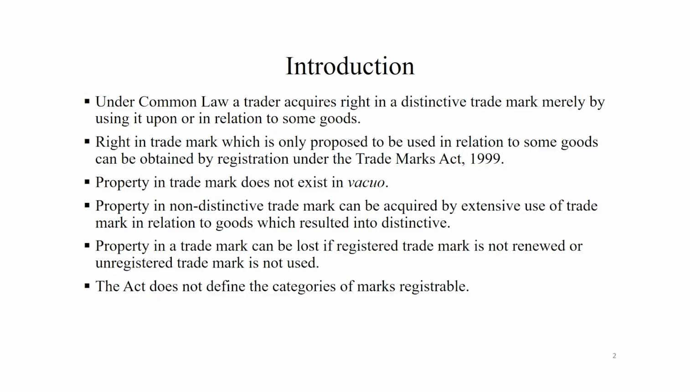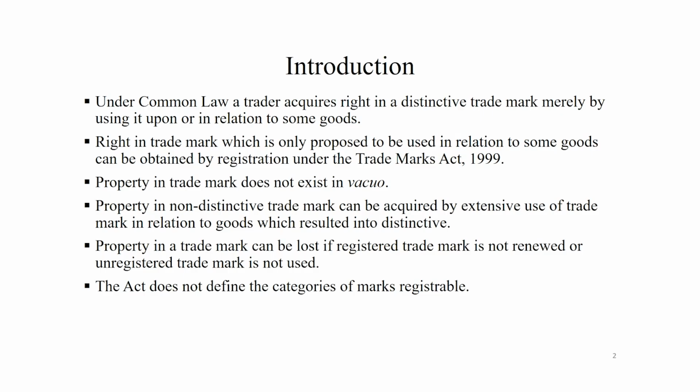You see, under common law, a trader used to acquire right in a distinctive mark merely by using it upon or in relation to some goods. So, there was no mechanism that unless you register it, you won't be able to get protection.